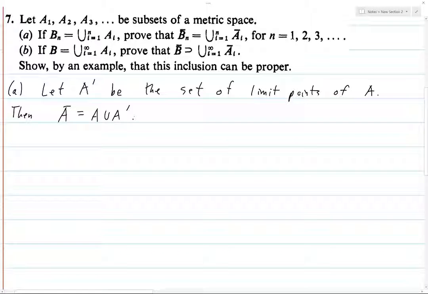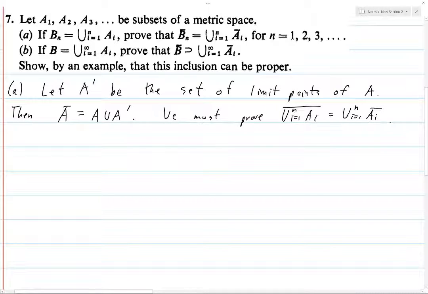I guess introducing the B_n's makes the notation a little bit nicer, but the way that I like to write it is like this: the union from i equals 1 to n of A_i closure equals the union from i equals 1 to n of A_i, but you take the closure over each individual A_i.